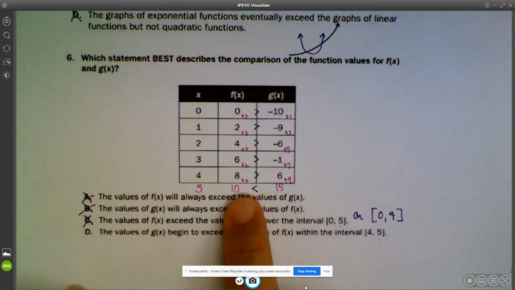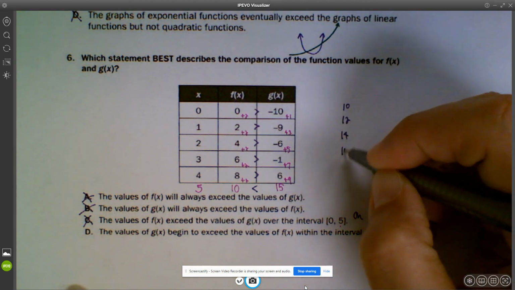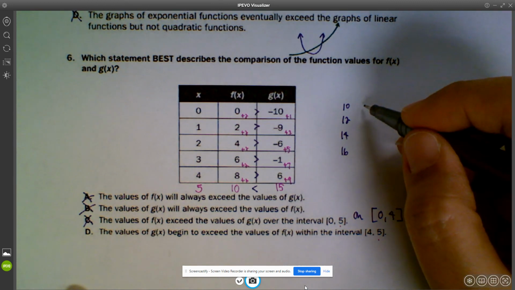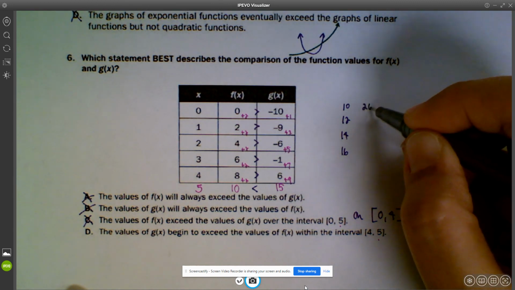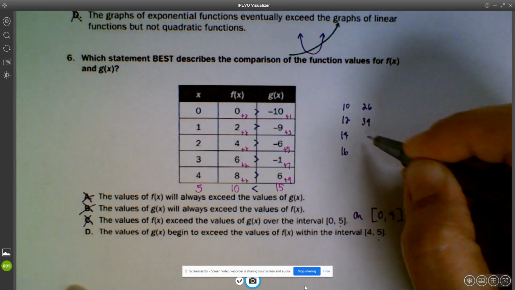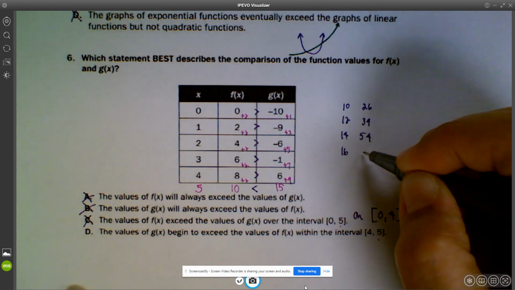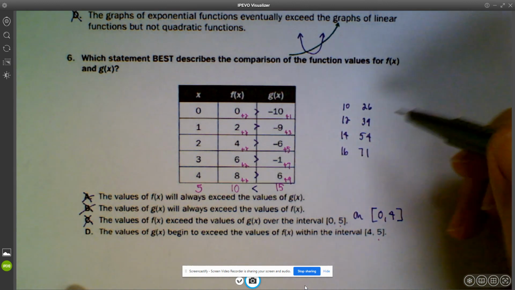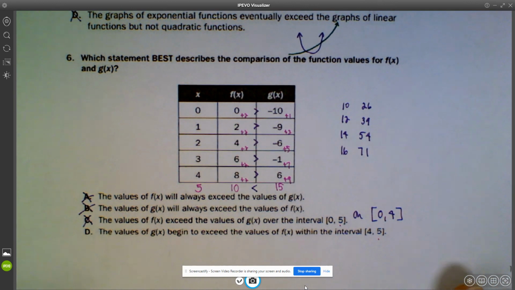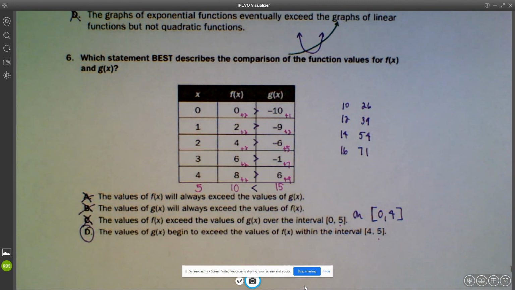Yeah, and it's only going to get greater because then we'll have 10, 12, 14, 16. Then we'll have 15 plus 11, 26 plus 13, plus 15, plus 17. These could be wrong. Mental math is not good for me today. So it looks like D is correct.